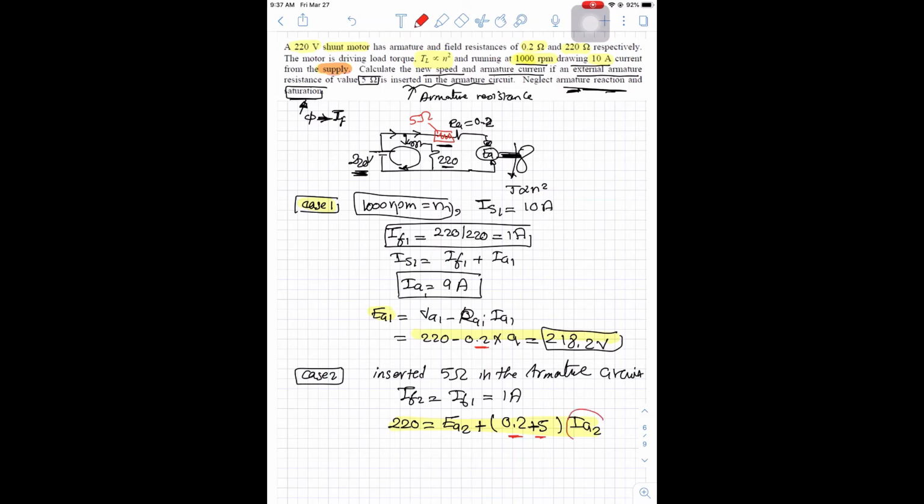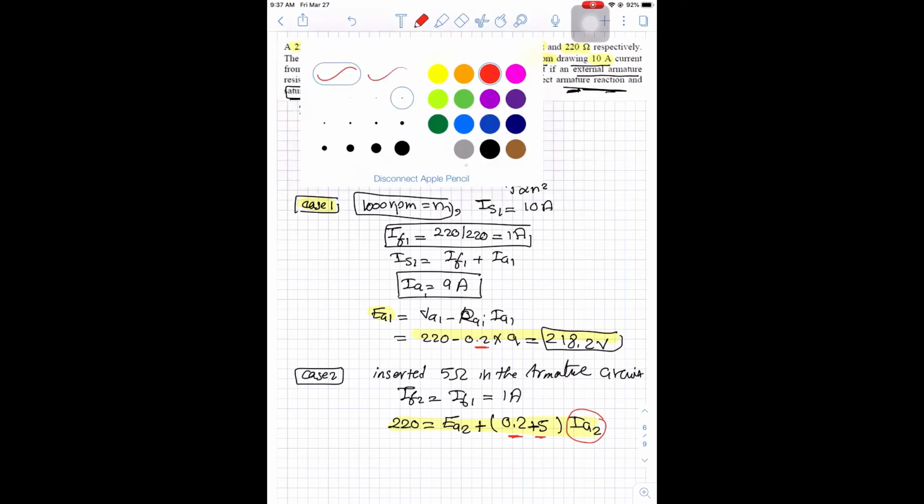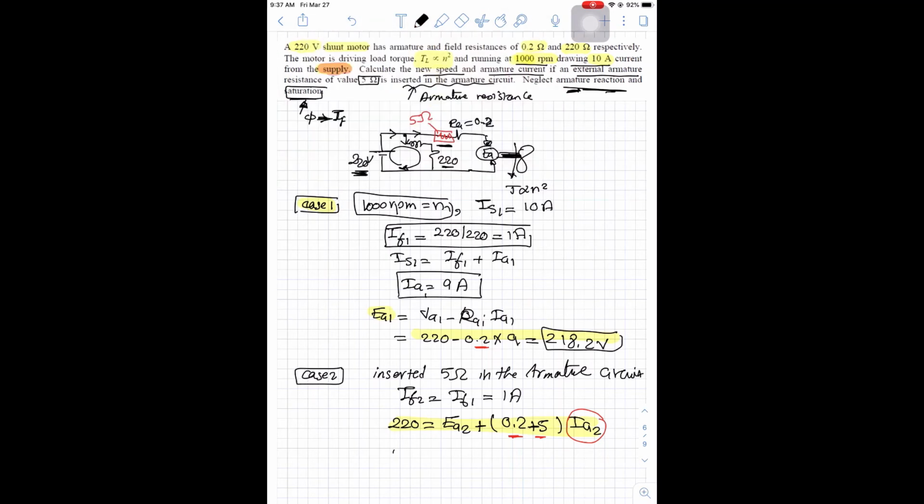And I armature 2 is not the same as the first case because the torque will change. So we can write this equation as 220 equals E armature 2 plus 5.2 I armature 2. This is the equation we have.